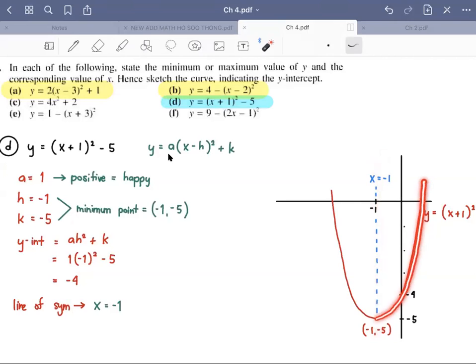It doesn't matter, class, if it's like this or maybe like that, as long as you intersect the minimum and the y-intercept. But take note, class, if you draw half of your graph like this, it should reflect on the other side as similarly as possible. Don't do it like your graph is like this on the right side, and then the graph on the other half is like this.